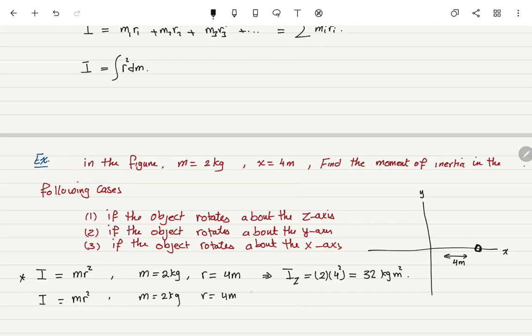So Iy is the same answer as before, 2 times 4 squared, which equals 32 kilogram meter squared. And for the moment of inertia around the x-axis, we follow the same rule. m is 2 kilograms, r is equal to 0, because the distance of the object from the x-axis is 0, so no moment of inertia about the x-axis. So Ix is equal to 0.